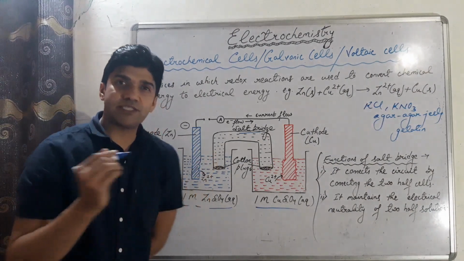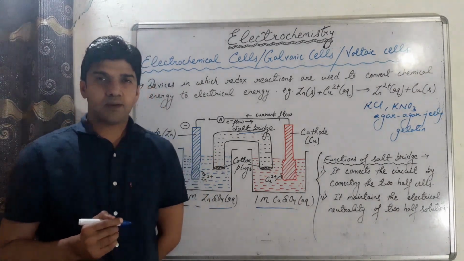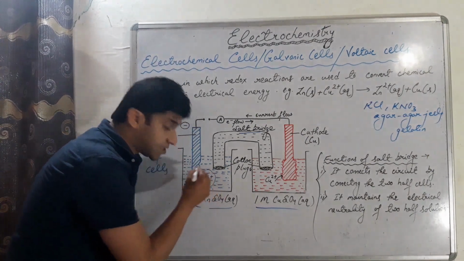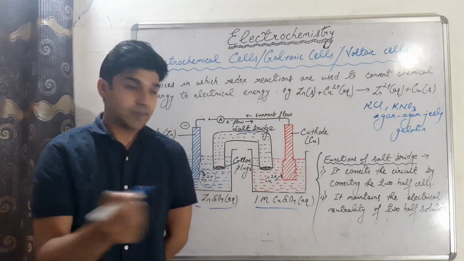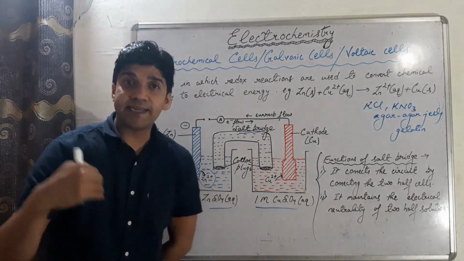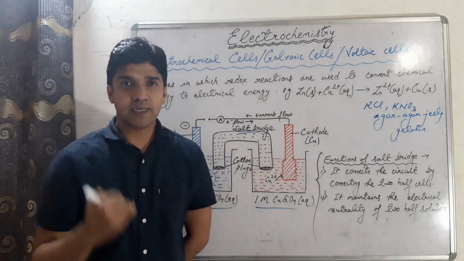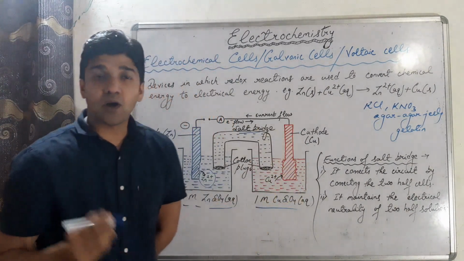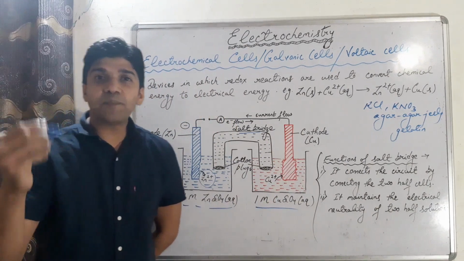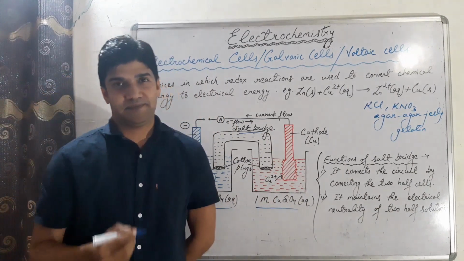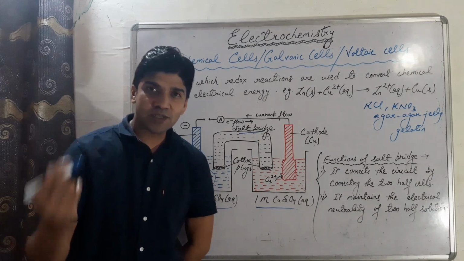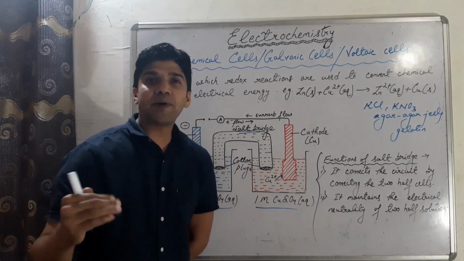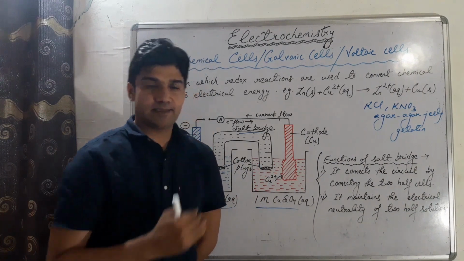The weight of the zinc rod is decreasing. Next, the concentration of zinc ion in this half cell increases. Third point, the amount or the weight of the copper rod increases. And the fourth point, the concentration of copper ions decreases.